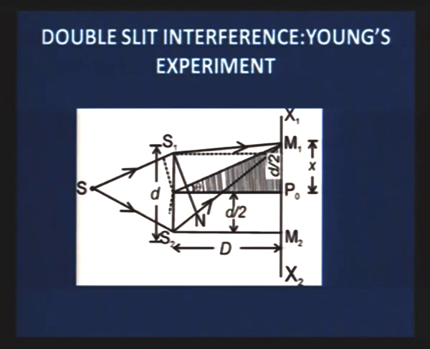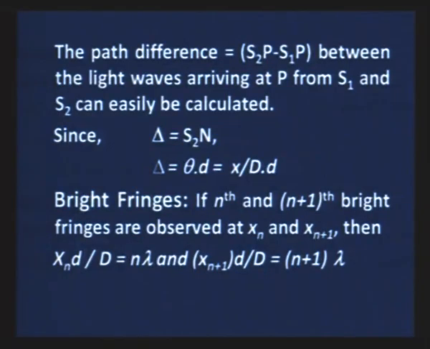So, again we can calculate the phase difference between the light coming from S1 and S2 either in terms of phase or in terms of path difference. Then we can put the condition: if this path difference or phase difference is according to the initial condition of 2n pi or (2n+1) pi, we will get maxima and minima, and these fringes can be obtained.